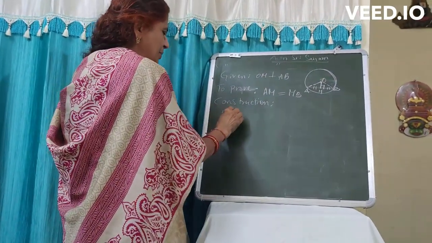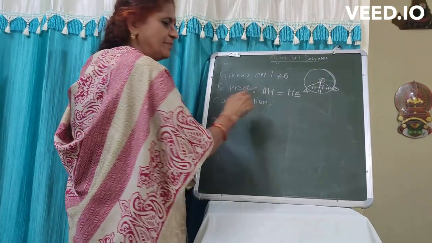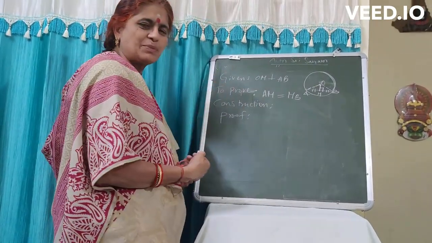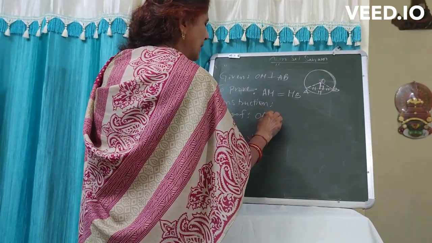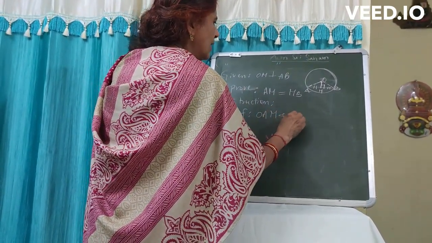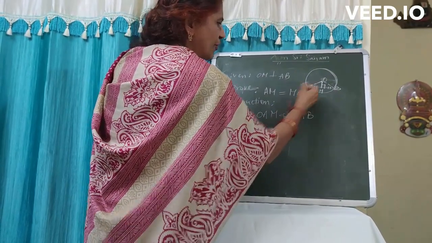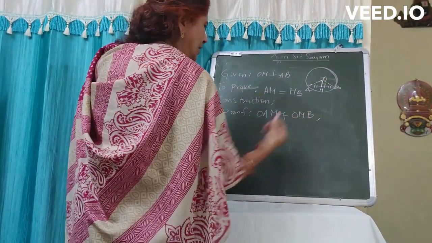And the next step, automatically, is the proof. What are the steps in the proof? In triangles OAM and OMB, we equate both the triangles.